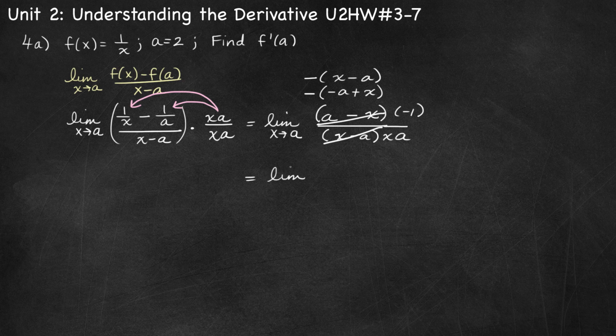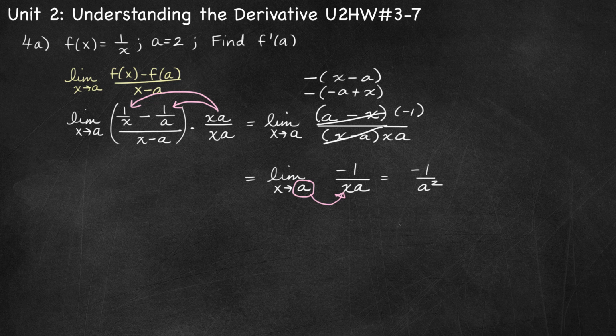So now I have the limit as x approaches a of negative 1 over x times a. And I can find this limit using substitution. If x is approaching a, then we can substitute a in for the x. And this limit then just becomes negative 1 over a squared.